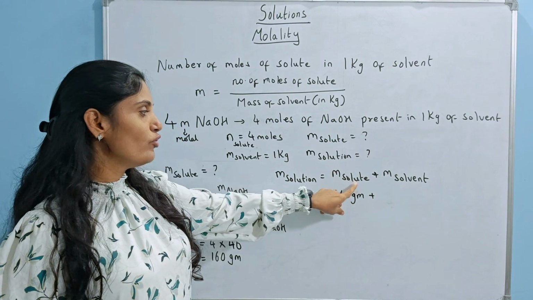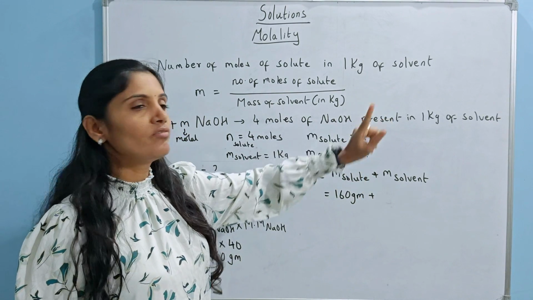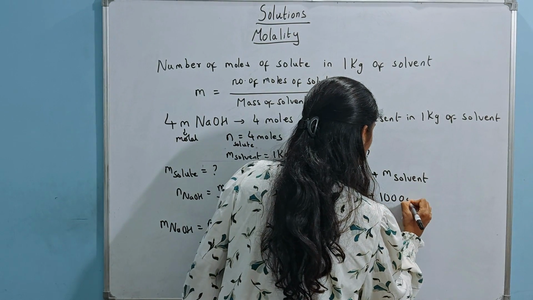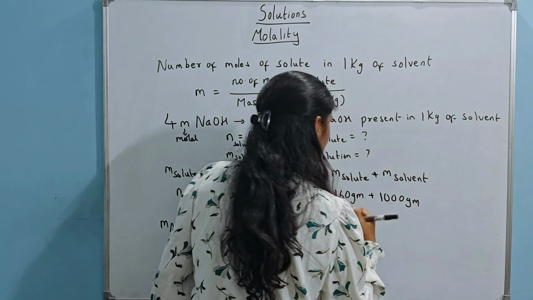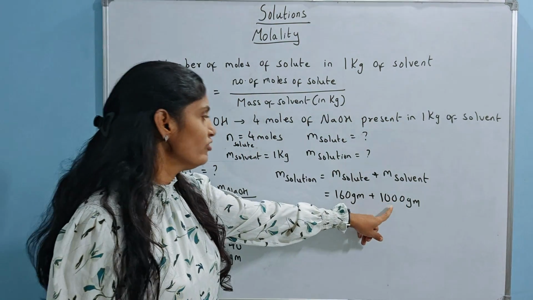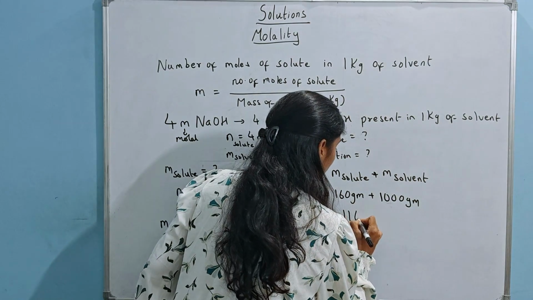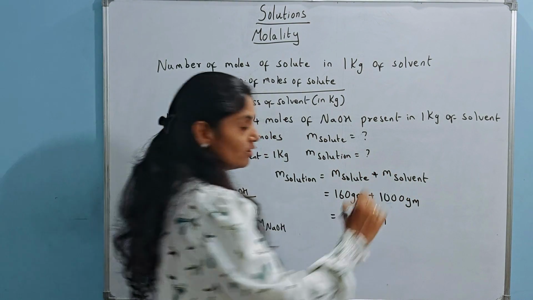But because the mass of solute is given in grams, I will convert kg into grams. 1 kg is 1000 grams. So add 1000 grams plus 160 grams, and you get the mass of the solution, which is 1160 grams.